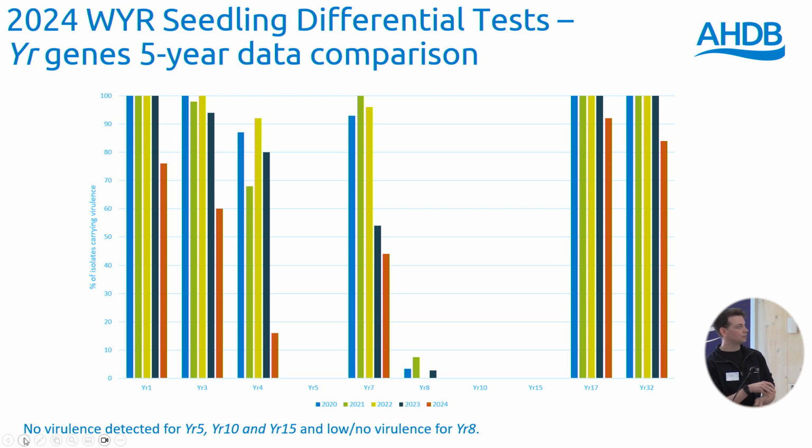You'll also see some fluctuation in the scores for perhaps YR1, 17 and 13, which have been quite consistent over the years, but we're putting this down to some scoring differences between myself and Amelia, but the main messages remain the same. Thankfully, there are no new varieties coming out with 5, 10 and 15.